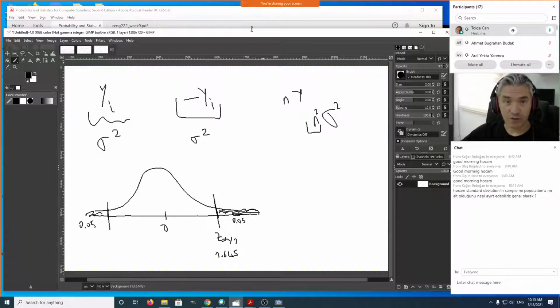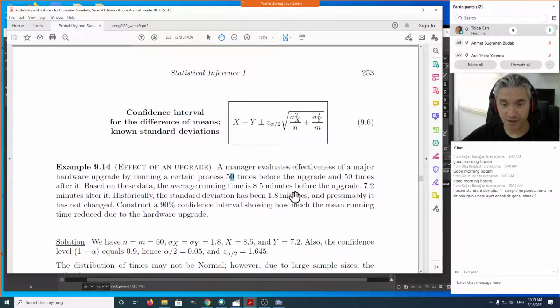A very good question. So how do we know whether the standard deviation is the sample standard deviation or the population standard deviation? It has to be specified clearly in the question statement. I have some clues from here.